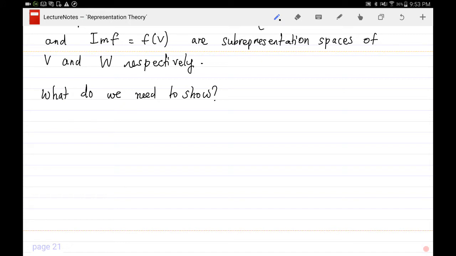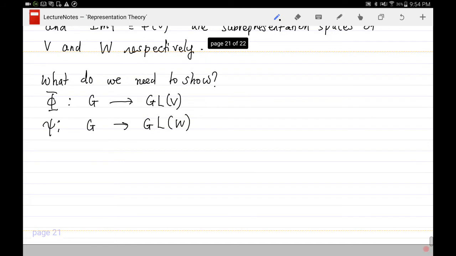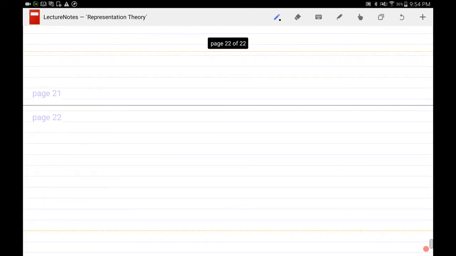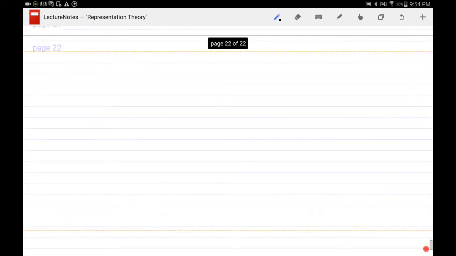So what we need to show is that if I have phi that goes from G to GL(V), for example, and if I have psi that goes again from G to GL(W), notice that phi and psi are the representations, and V and W are my representation spaces.